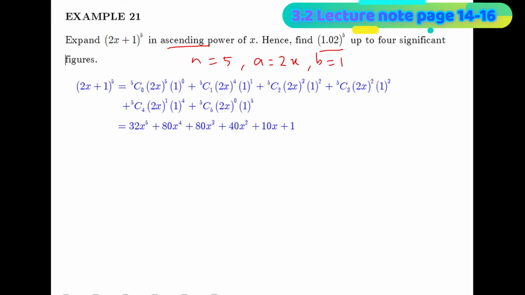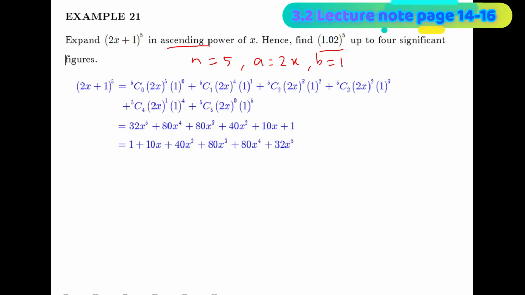But note that the question asks for ascending power of x, so we need to rearrange the answer in ascending order of expansion. Now, we have to find 1.02 to the power 5 from our binomial expansion.